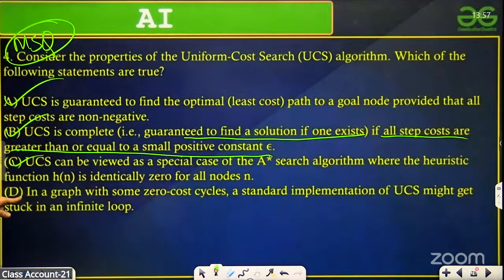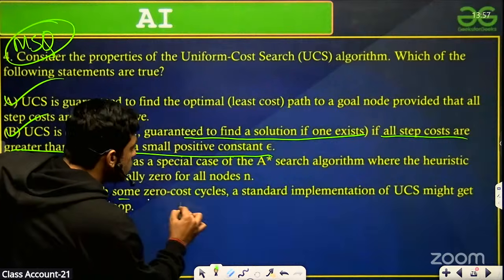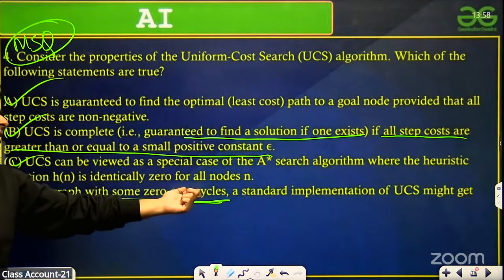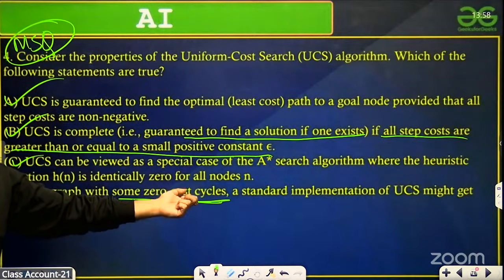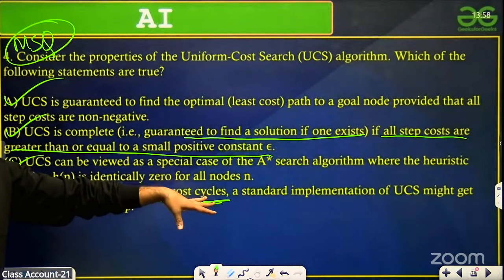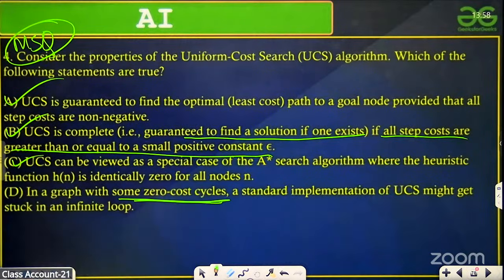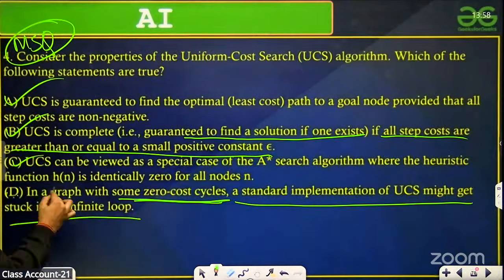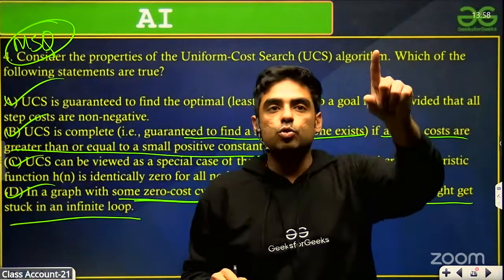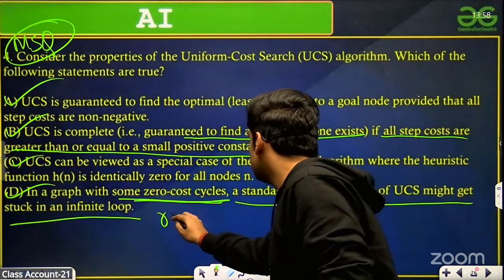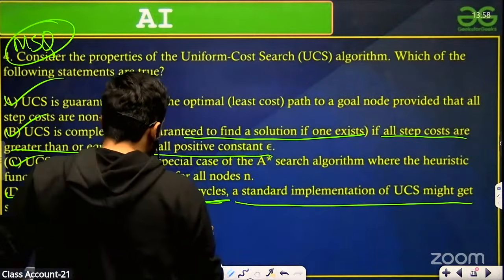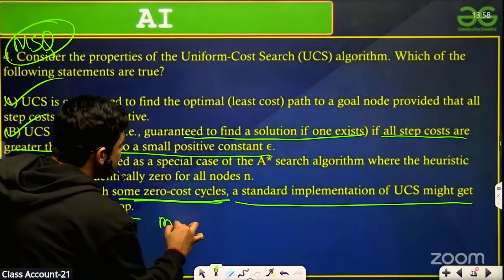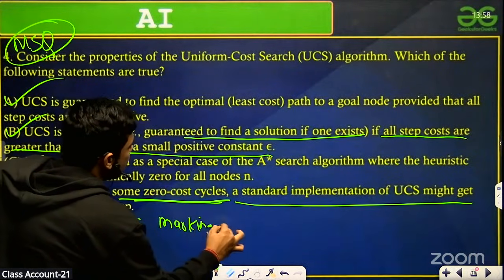Now, in a graph with some zero cost cycles, what are zero cost cycles? Where the cost of an edge is given as 0. That is a zero cost cycle. So a standard implementation of UCS might get stuck in an infinite loop. This is also correct. To avoid this, we always use the marking strategy.